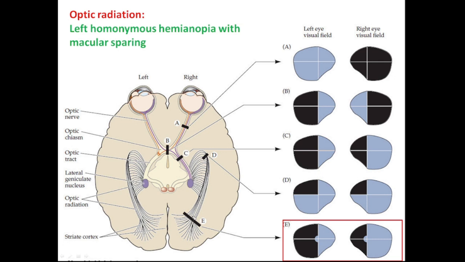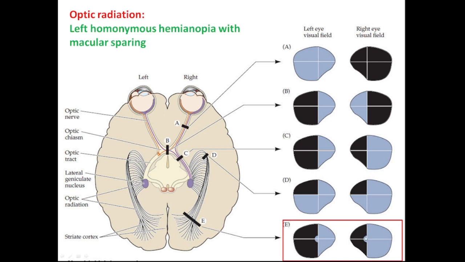And if the damage is at the level of the occipital cortex, that is, all the fibers are damaged, then what will happen? It will be more or less similar to damaging the optic tract, but it will spare a few regions, which is called macula sparing. The information coming from the macula region of the eye will not be affected, because these fibers follow a different pathway.